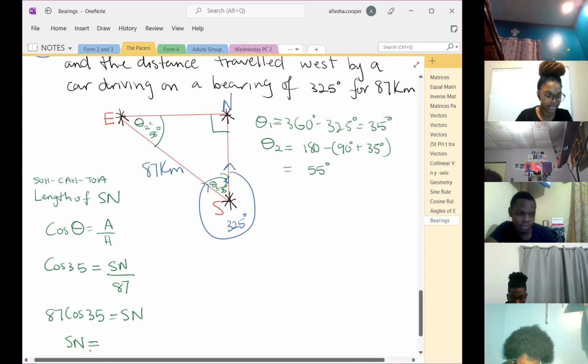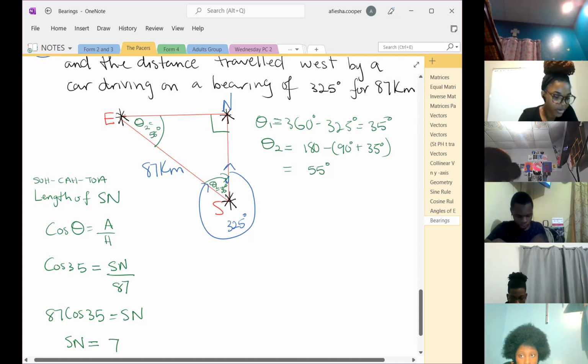87 cosine 35 is how much? 75.34. Did I press something wrong?